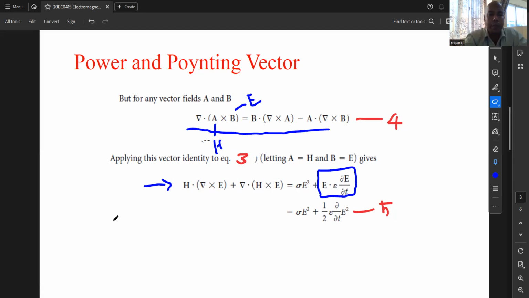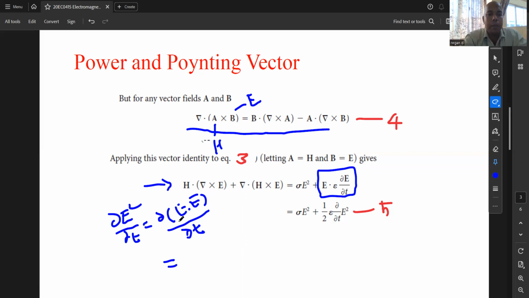Now we will write. For example, I'm taking here dou E square by dou T, or we can write it as dou E dot E divided by dou T. Let me write dou E square divided by dou T is equal to dou E dot E, that means E square I'm writing like this.